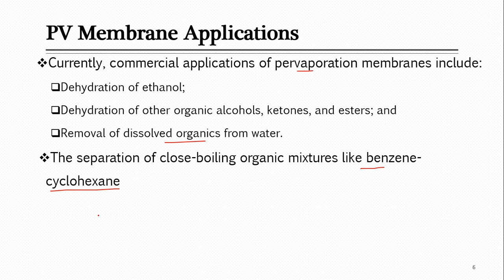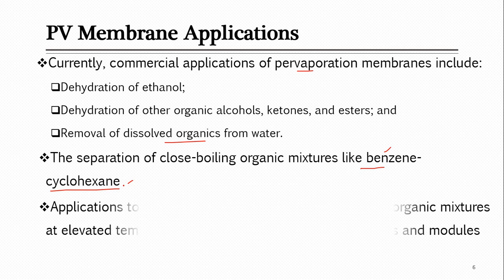Benzene and cyclohexane will be close to each other, their molecule diameters are also close, and their boiling points are close to each other. In this case, you can't go for distillation, so it's better to look for another technique, and among others, membrane separation is good. So you can separate this mixture of benzene and cyclohexane by using these membranes.